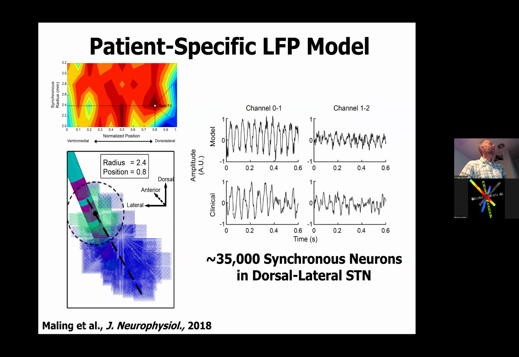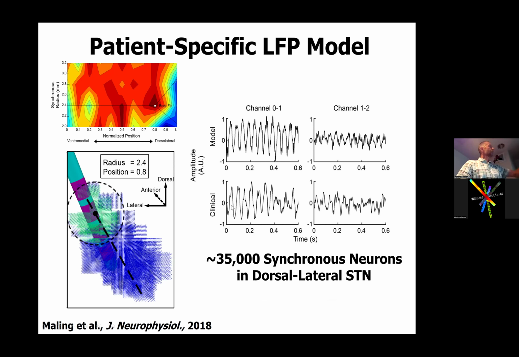So you do a match between the recordings, the bipolar recordings at channel 0, 1 compared to channel 1, 2, and so on and so forth. And you try to find where the model creates a best fit to the actual clinical recordings from that same patient.